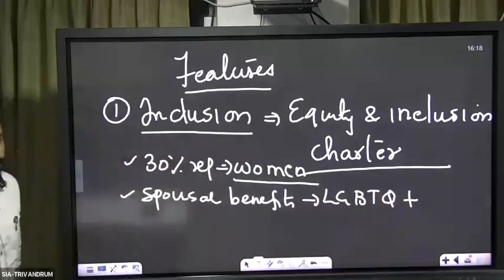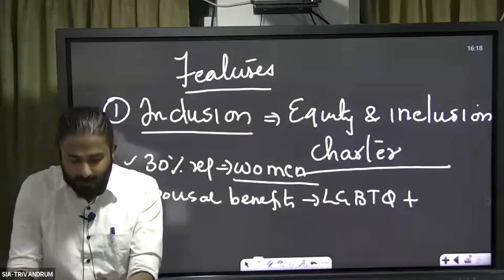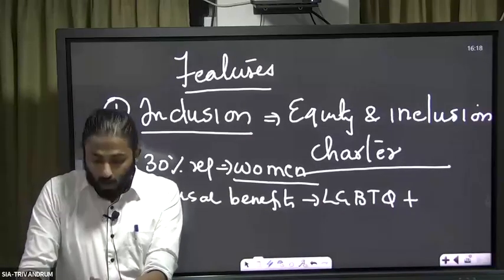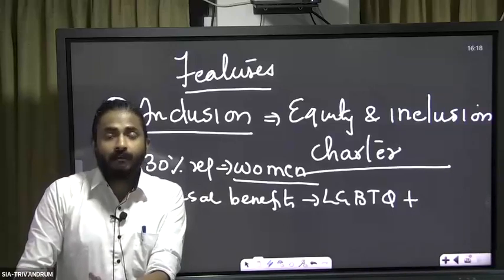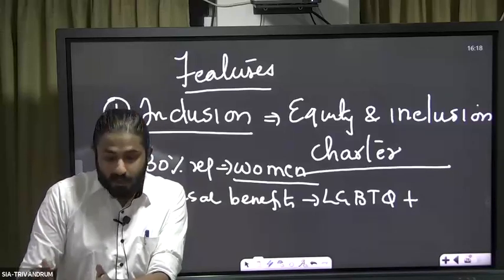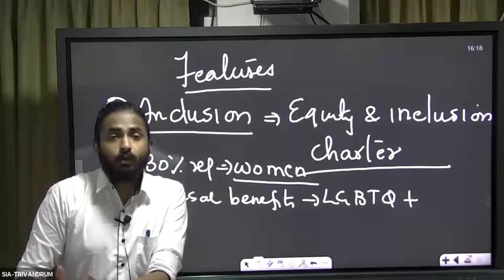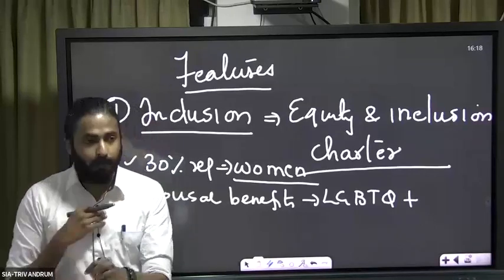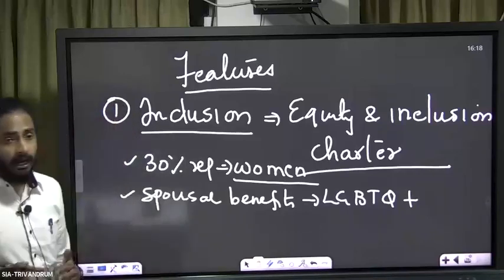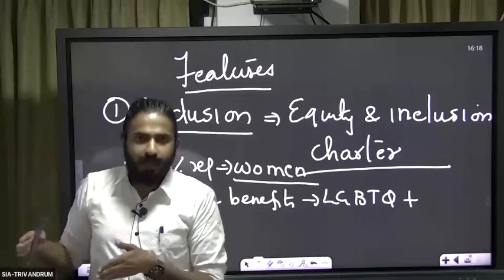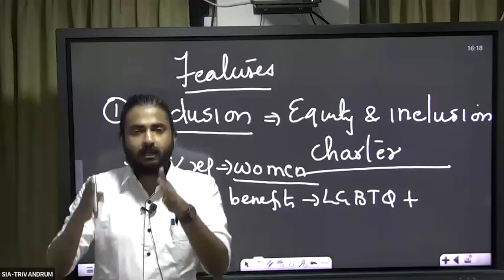Spousal benefits will be given to the LGBTQ plus community, and all publicly funded scientific institutions should have cultural and structural changes to include people with disabilities, to incorporate them. Structural, because there should be facilities to help them.